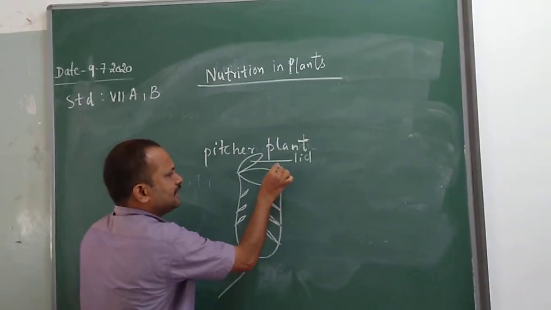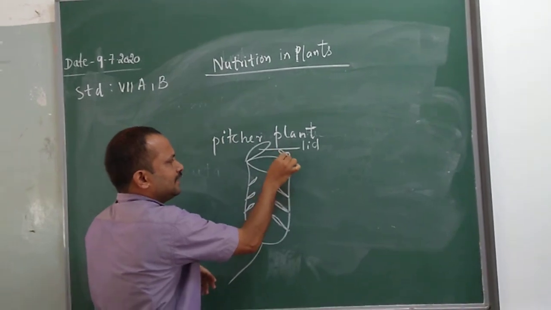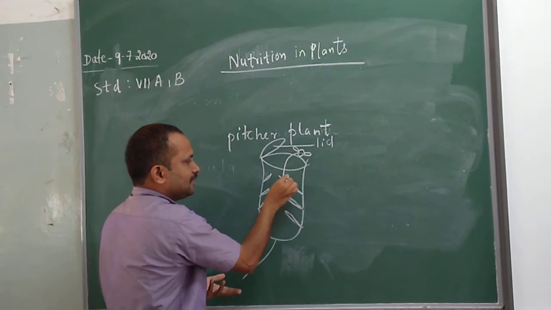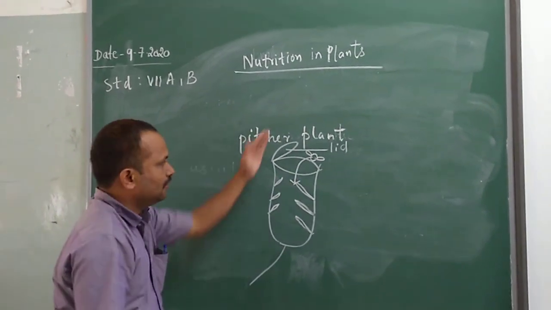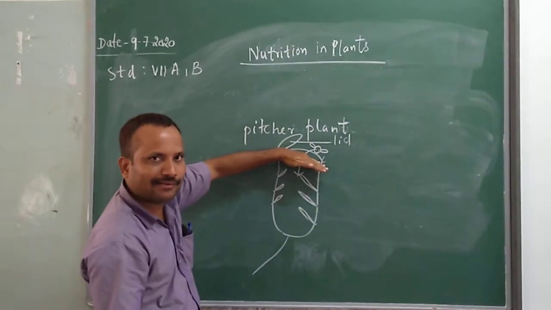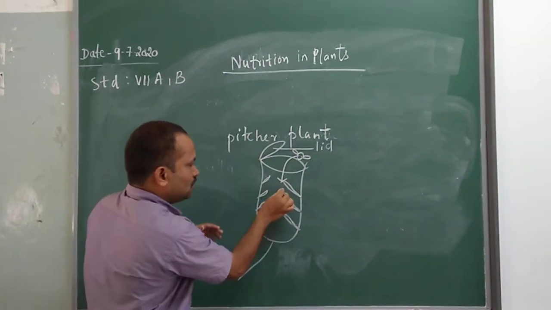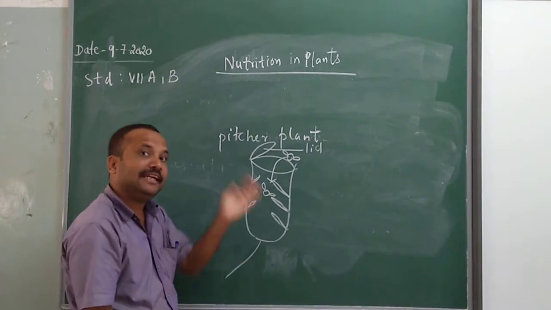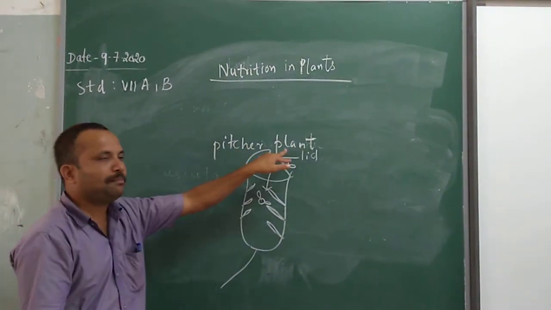Somewhat like an insect is sitting here. If it enters inside this pitcher plant, it will close its lid. So the insect is trapped inside the pitcher plant.